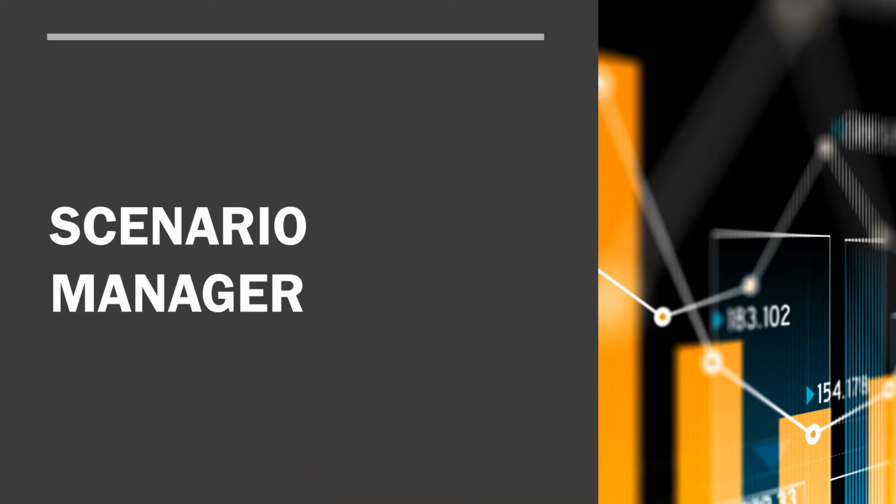Our final discussion is about scenario manager. If you use this scenario manager, you can perform what-if analysis. What if you change one or several data from your input, and what is their impact on your desired output? We are going to use scenario manager here.